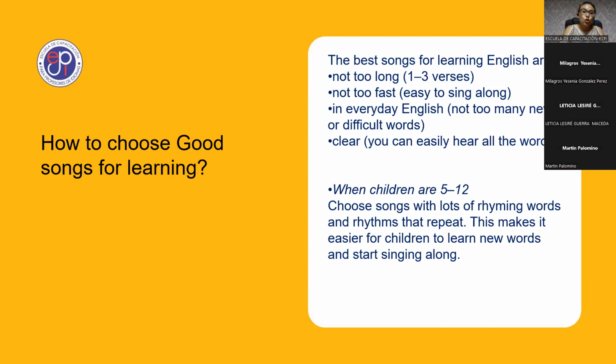You can use the movement because the students are going to touch their bodies or some objects in the classroom and they can use the chants. So it says, this makes it easier for children to learn new words and start singing along. And then when they go to their houses, they start repeating and repeating and repeating.